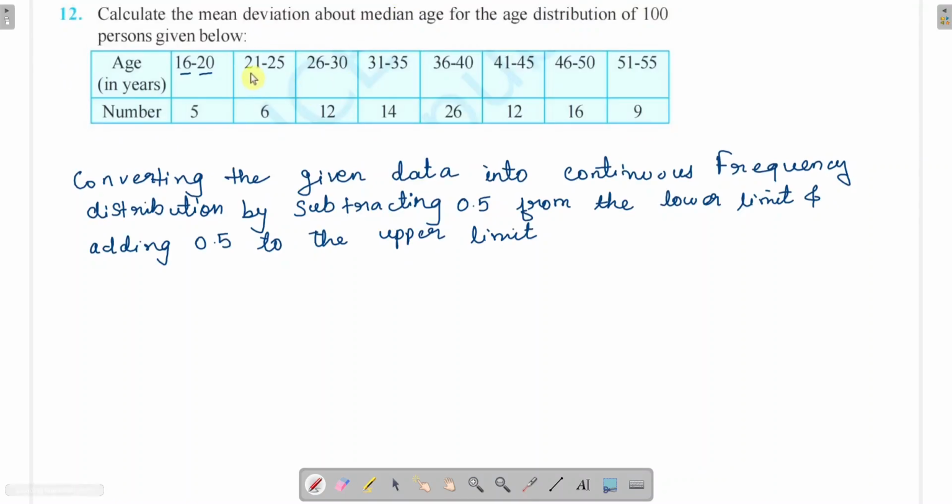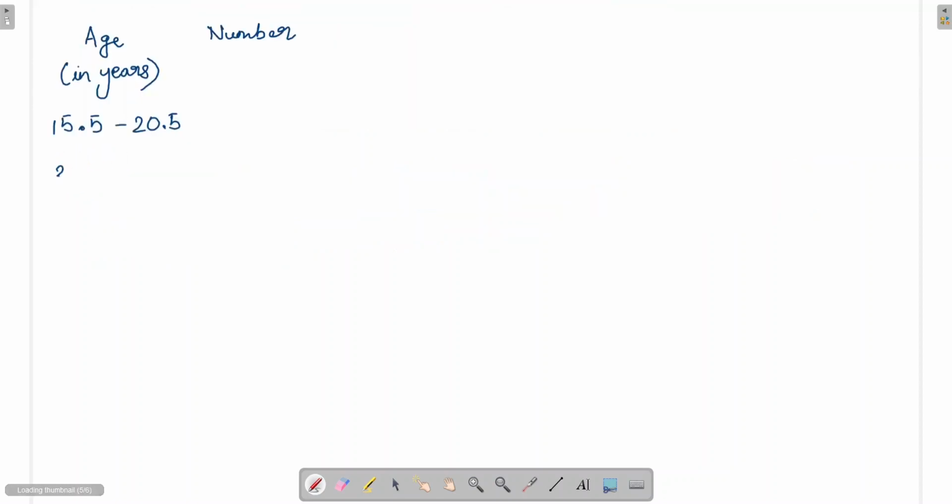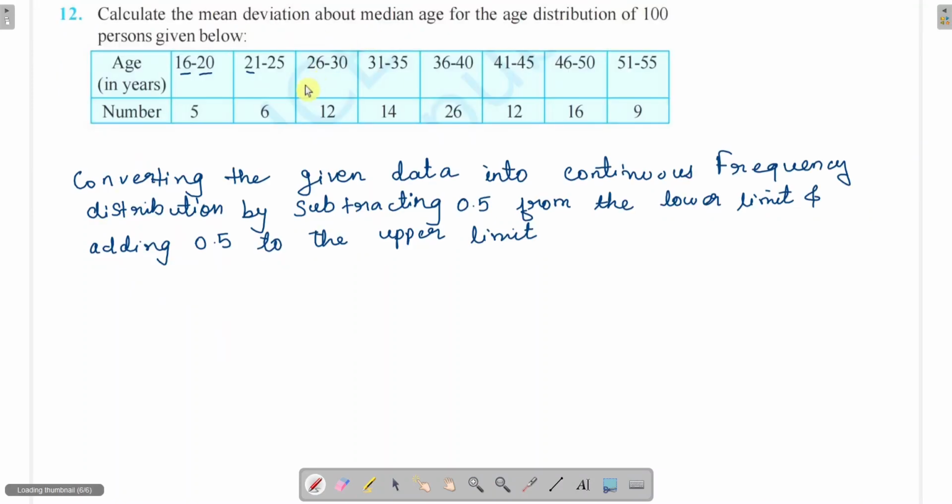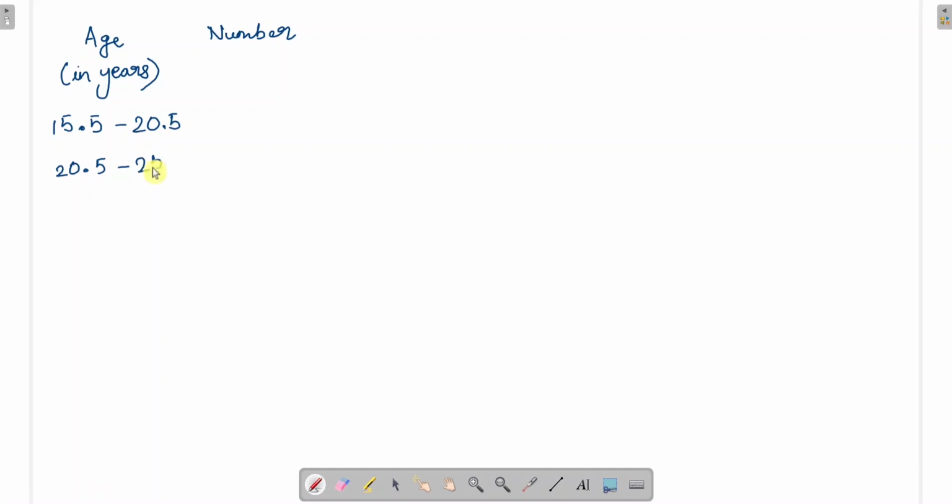Then for the second class interval, we have to subtract 0.5 from 21, so you will get 20.5 up to, we have to add 0.5 to the upper limit of the class interval, so 25.5. So now you can see that here the upper limit is 20.5 and the lower limit for the second class interval is 20.5. So now we are getting a continuous frequency distribution.